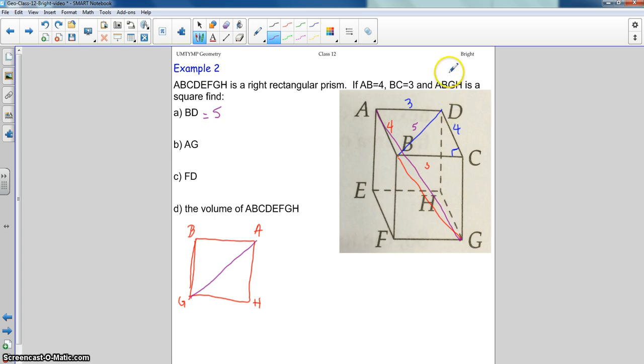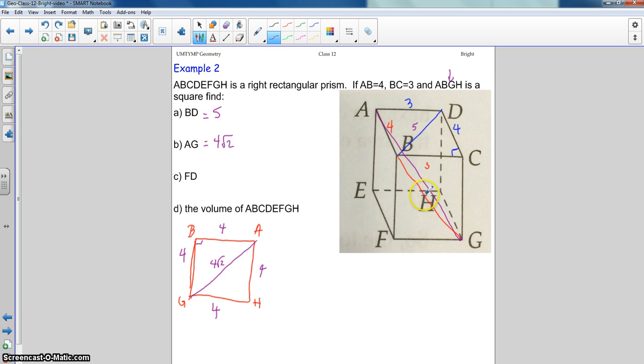Now, this is where this bit of information that we haven't used yet comes into play. ABGH is a square. So I know that this side length is 4, so then this would be 4, this would be 4, this would be 4, and I also know that because it's a square, it's a right angle, so then that tells me that this is going to be 4 square root 2. So AG is going to be 4 square root 2.